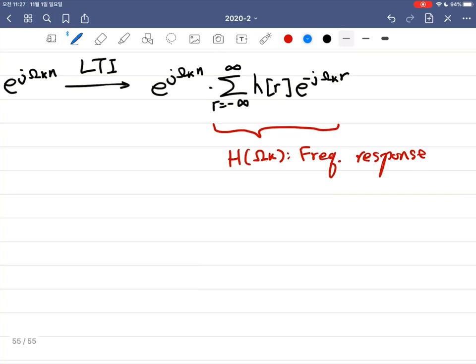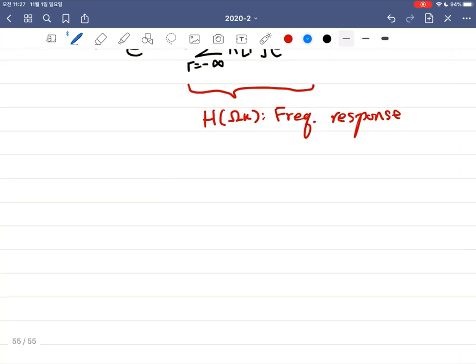And for those who want the definition of it, I will just say it is the discrete time version of the Fourier transform of the impulse response for the LTI system.